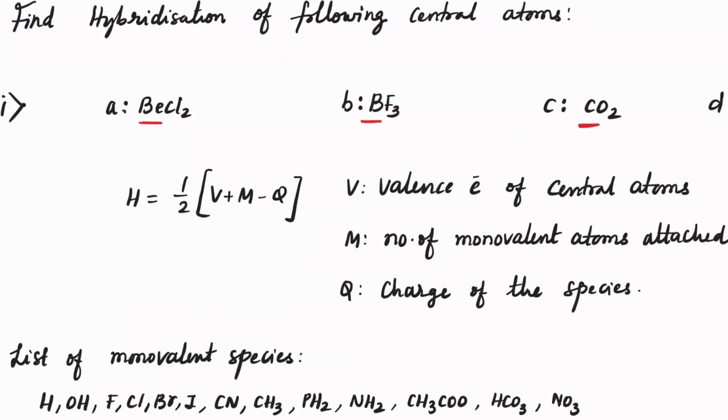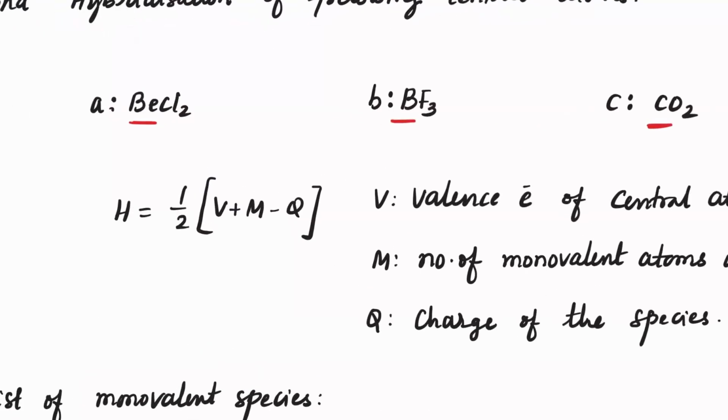For example, if I have to calculate it for beryllium, what would I do? H will be equal to half of, okay, beryllium has two valence electrons, plus two monovalent elements here. So 2. So 2 signifies it is sp hybridized, because steric number 2 means sp, steric number 3 means sp2, 4 means sp3, and so on.